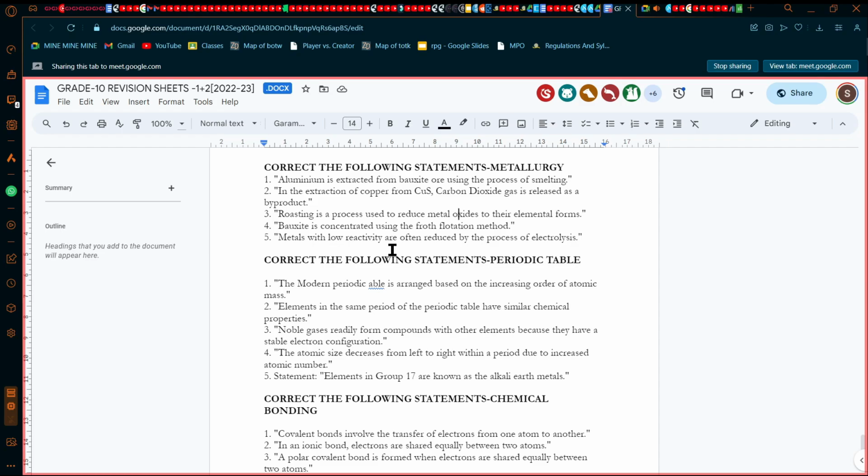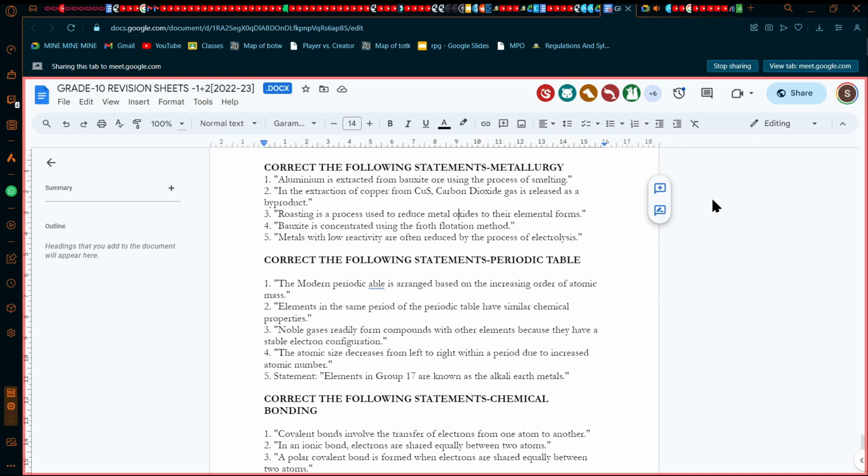Why do you remember that, bro? The meta aluminate is dissolved in water to become aluminum hydroxide. Aluminum hydroxide becomes aluminum oxide just by heating it. Then what do you get?